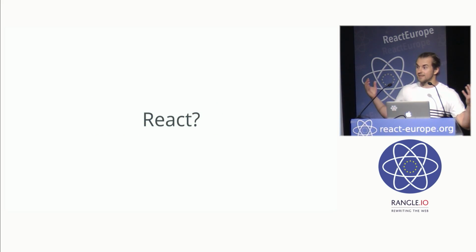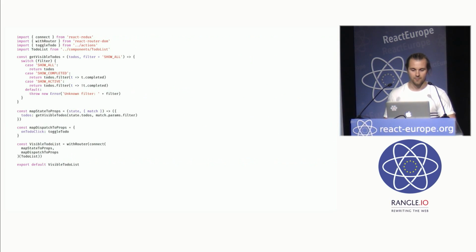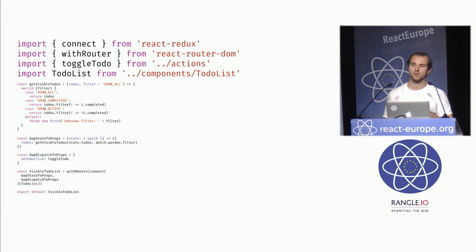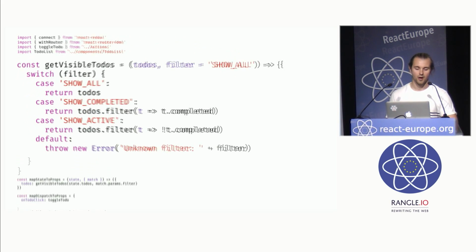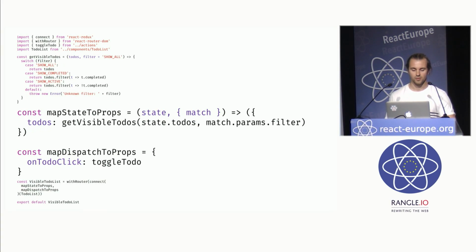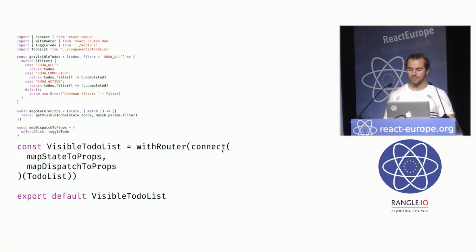Cool. Since this is a React conference, let's talk about React. Can we compose in React? This is an example that probably most of you have seen, from the Egghead series that Dan Abramov did. It's an example where he has to connect, an enhancer that enhances your component, the to-do list, with the Redux store and dispatch.